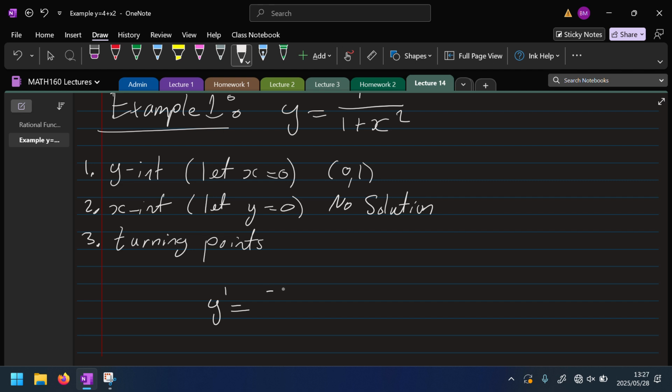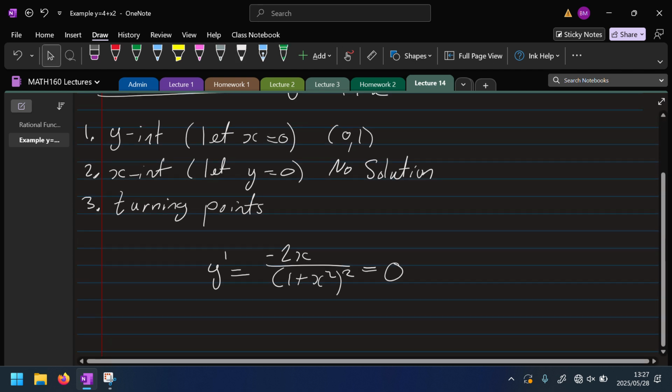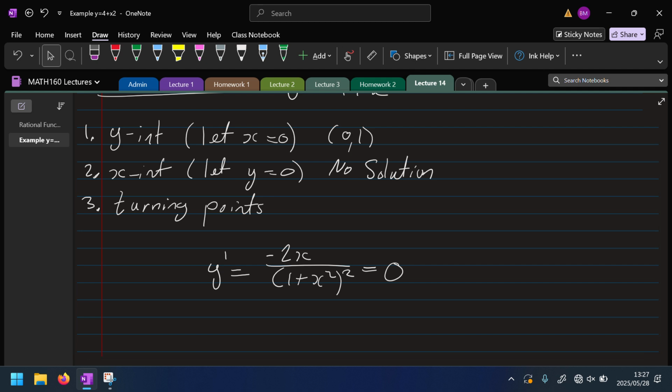We're going to end up with minus 2x over (1 plus x squared) squared. We want that to be 0 to find the turning points. Now, this only happens when that top part is 0, so x must be 0. And if x is 0, y is 1, so we have a turning point at (0, 1).